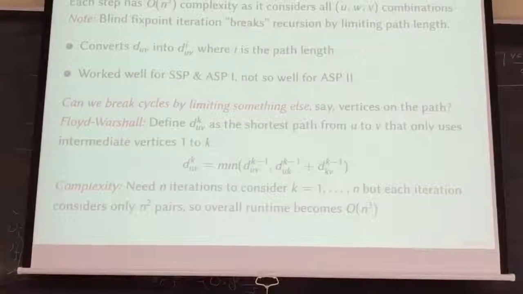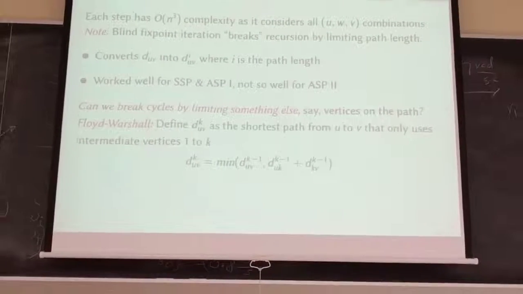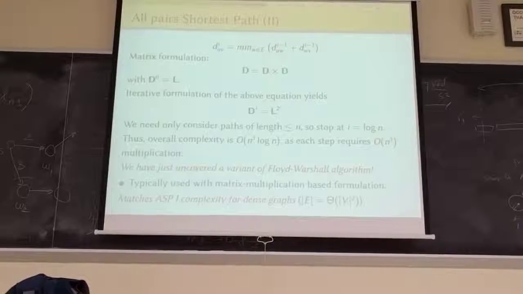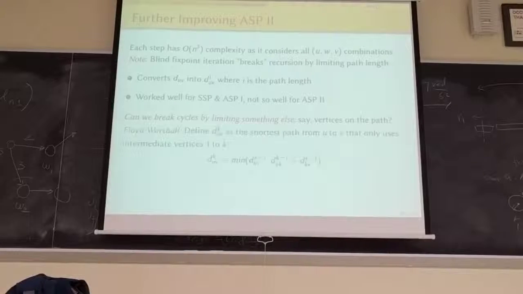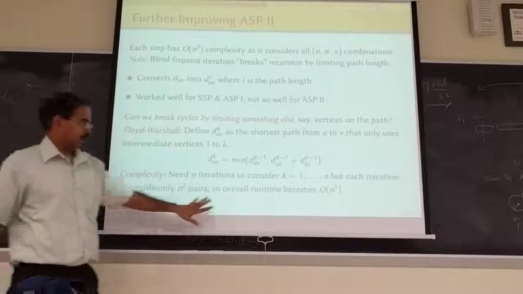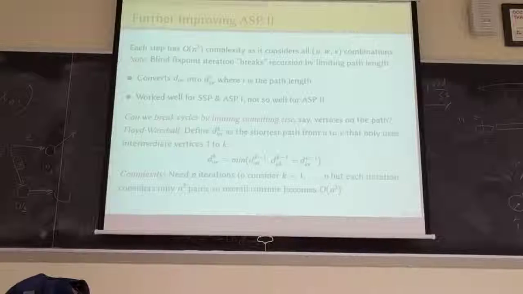So the last algorithm we had was O of n cube log n. By breaking up the recursion in a different way, we have eliminated that log n factor, and we end up with an overall O of n cube algorithm.